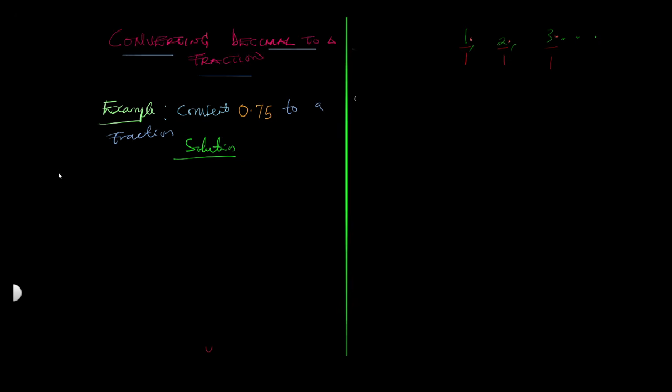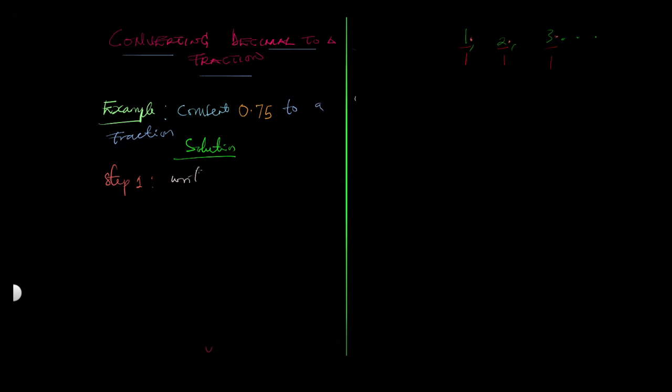Okay, solution. Let's have step 1. Let me write the step. Step 1 is for us to write down 0.75 as divided by 1, just as divided by 1.